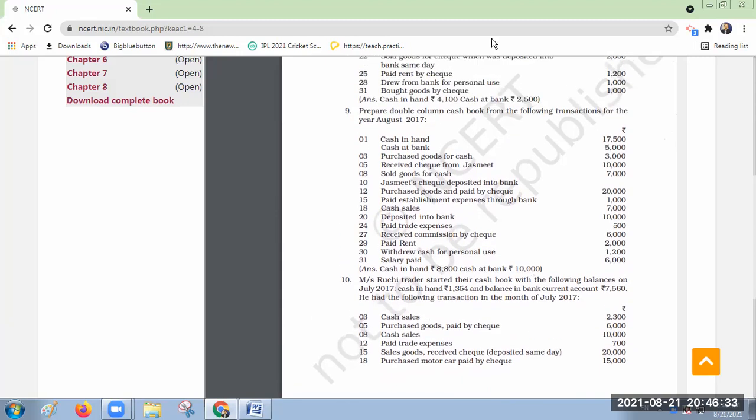9th problem. You are reading means it is homework for you. Please remember. Yes. There is no overdraft balance. Okay, same.